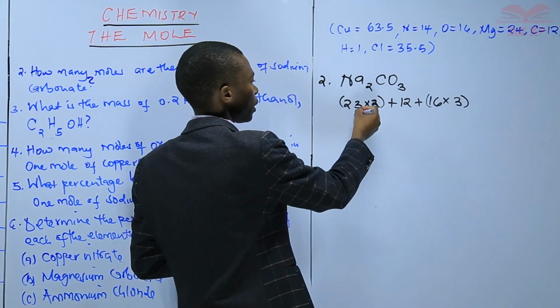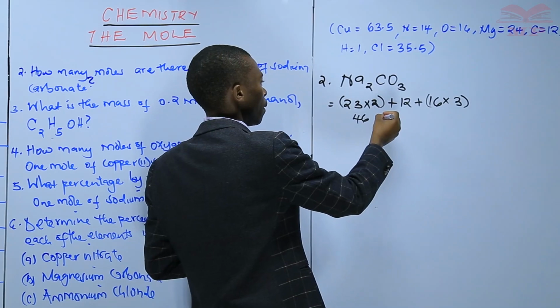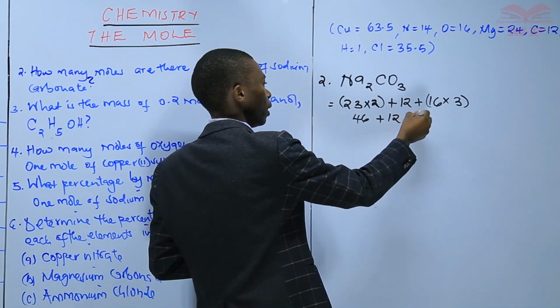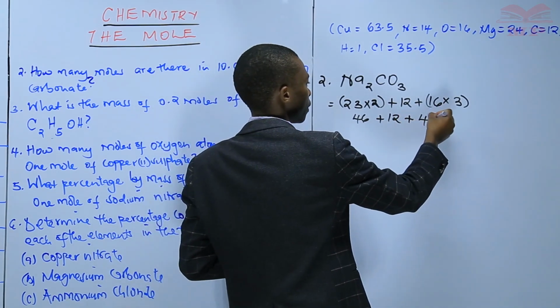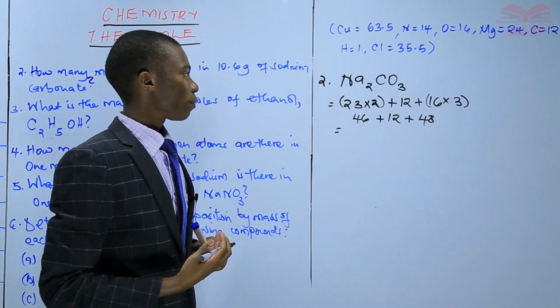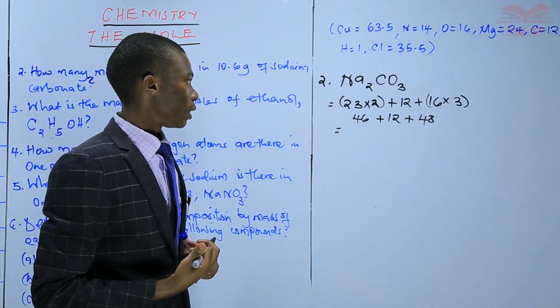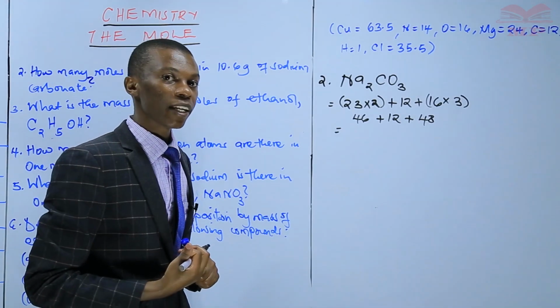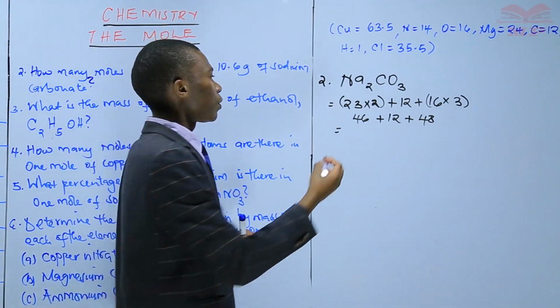This is 46 plus 12 plus 16 times 3, which is 48. 46 plus 12 gives you 58. Then 58 plus 48 gives you 106.